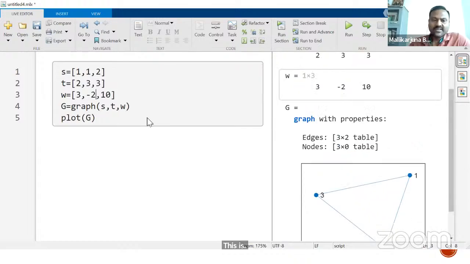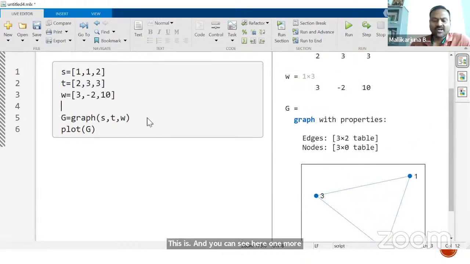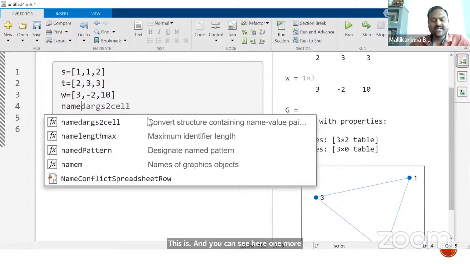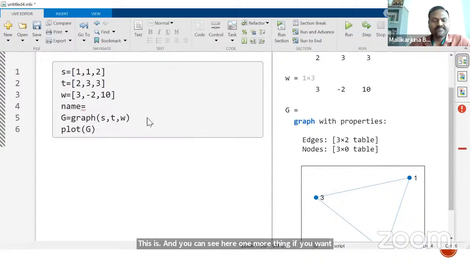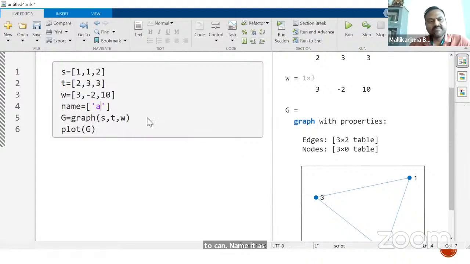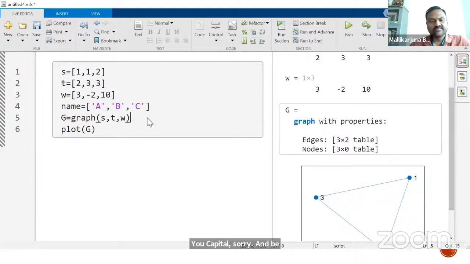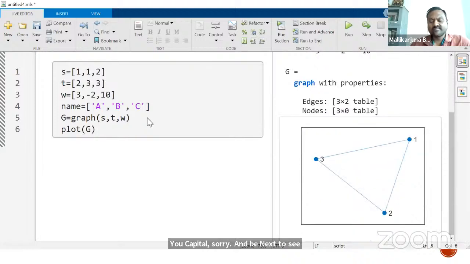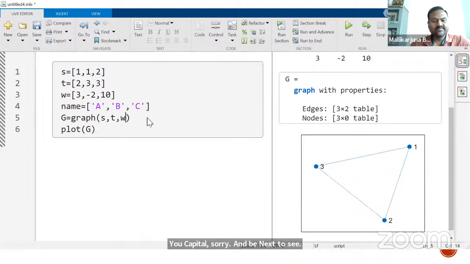And you can see one more thing here. If you want, you can name the nodes as capital A, capital B, and next C. You can see what we'll get.